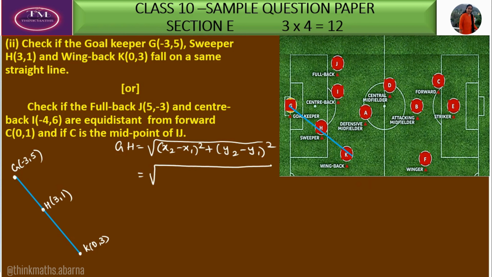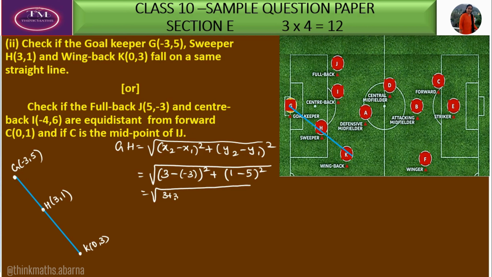So what is X2 minus X1 for GH? 3 minus, already in x1 we have negative 3. So minus 3 whole square plus y2. y2 is 1 minus y1 is 5. 1 minus 5 the whole square equal to square root of 3 minus into minus it is plus.